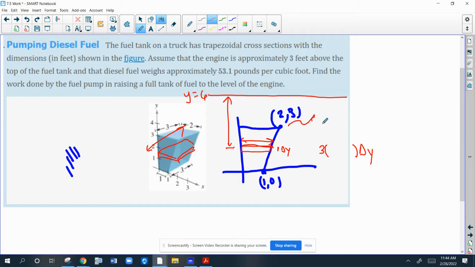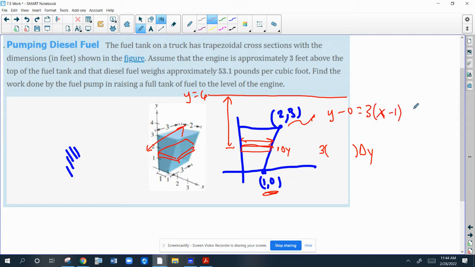So this graph is a line. It's y minus y1. I'm going to look at this graph right here. Y minus y1 is y minus 0 equals the slope. This is definitely up 3 over 1. So the slope is 3 times x minus x1, x minus 1.